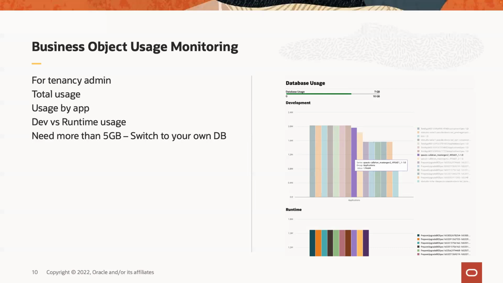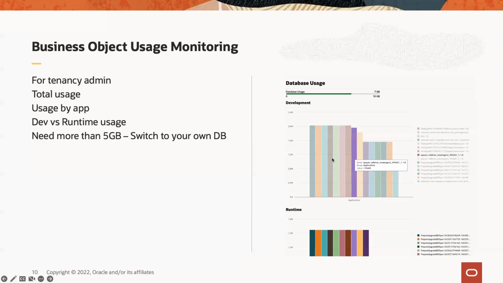If you need more, you can always switch to your own database. But one of the things people complained about is they didn't know how much they were using. They didn't know which applications were using how much, and now you have a way to see it. So in your instance settings, you'll have this type of screen where it would show you the amount of database usage you have out of the amount that is allocated to you.